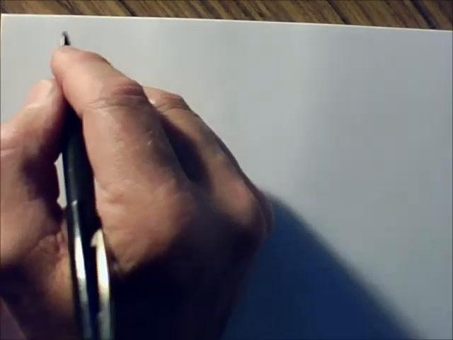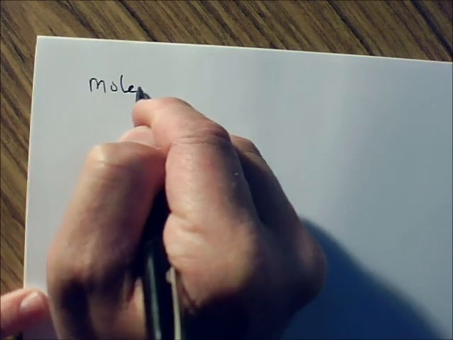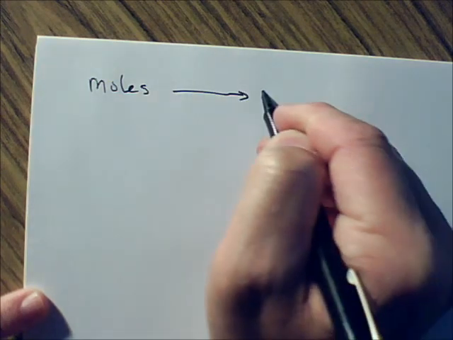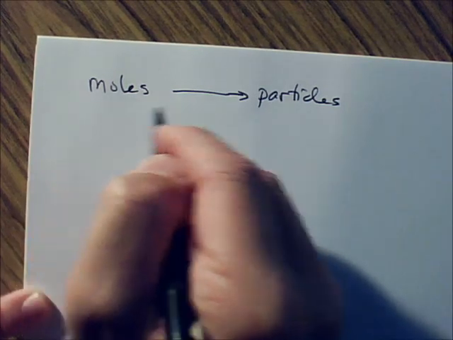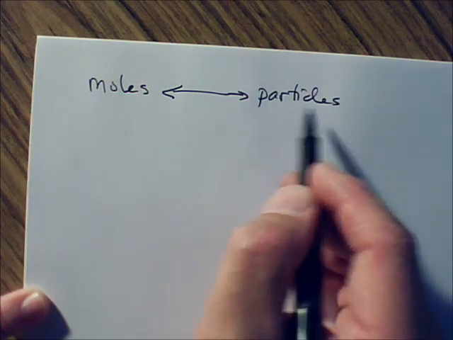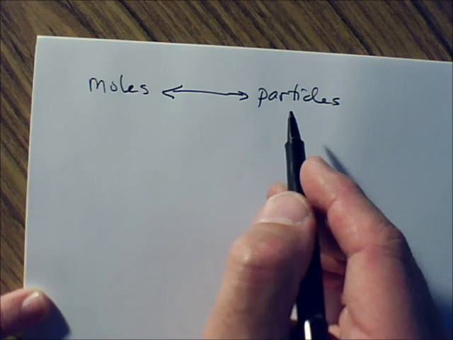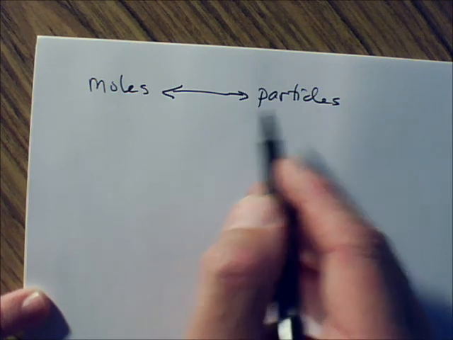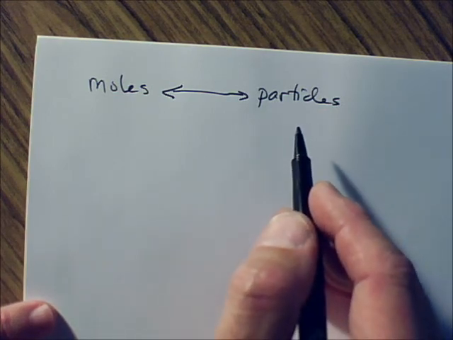Okay? All right. So we've learned then to convert from moles to particles. And we've learned to convert from particles to moles. Particles can be atoms. They can be molecules. They can be formula units. They can be monoatomic and polyatomic ions. Okay?